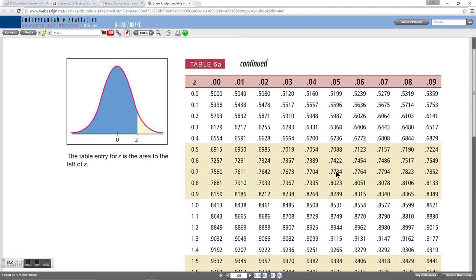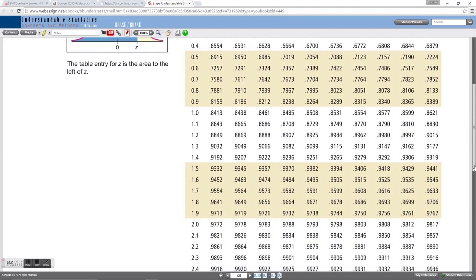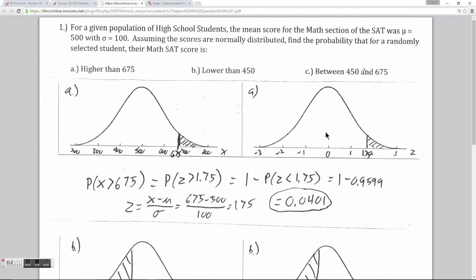So going down this column and matching it up with the row of 1.7, I see here that I have an area of 0.9599. That's the big blank area to the left of z is 1.75.